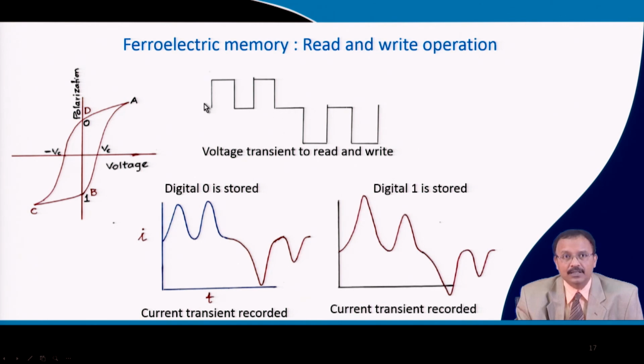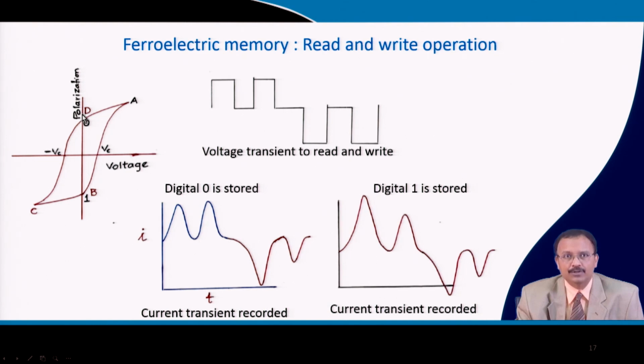As you can see, the initial voltage transient is a positive up, then there is a delay, then another positive up, then again a delay, then negative down, delay and negative down. So, this kind of voltage train is applied to an individual ferroelectric memory cell, and say you assume the digital 0 is stored.